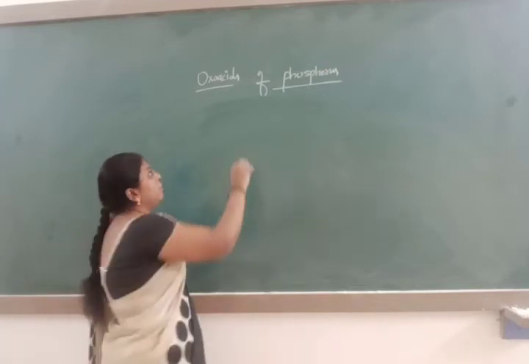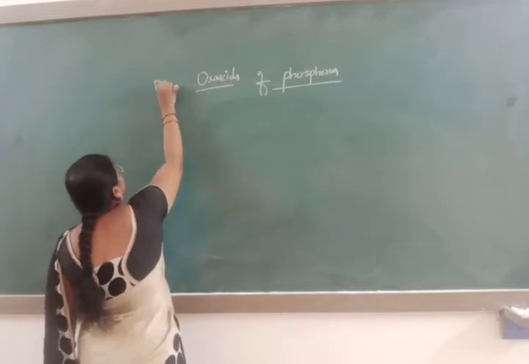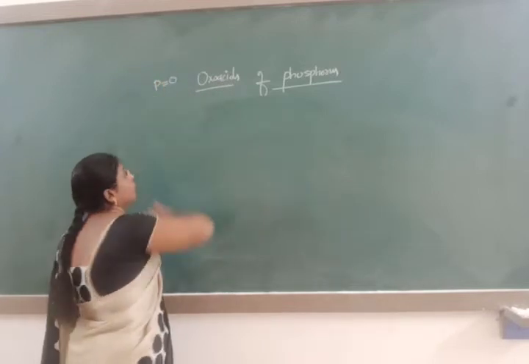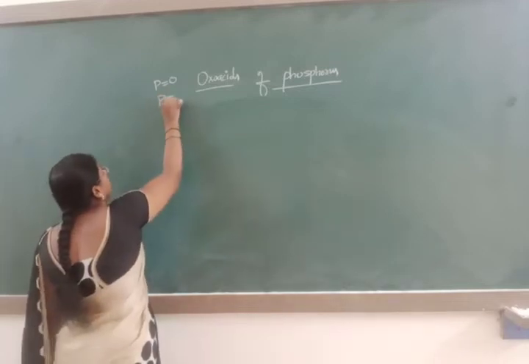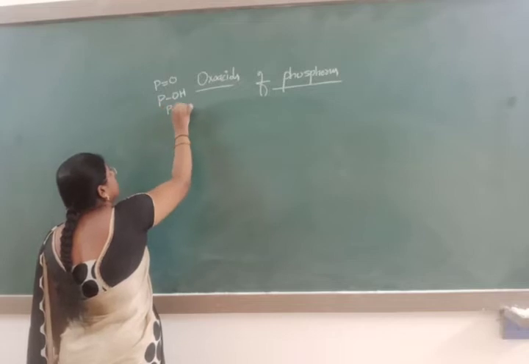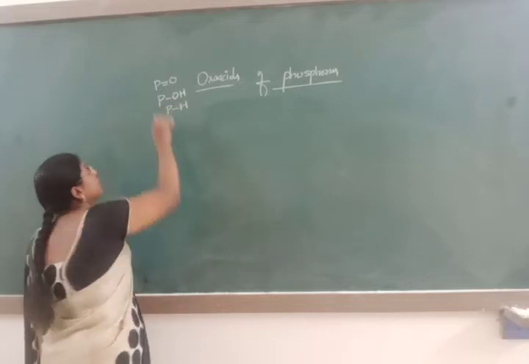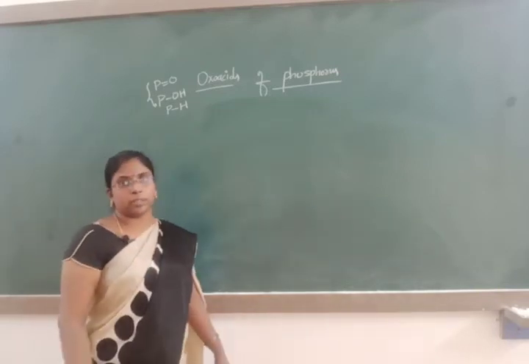Here the common bonds you see in these oxo acids are the P=O bond, compulsory, and P-OH. Along with that you can see P-H bonds. But compulsorily these 2 bonds will be present in each structure.